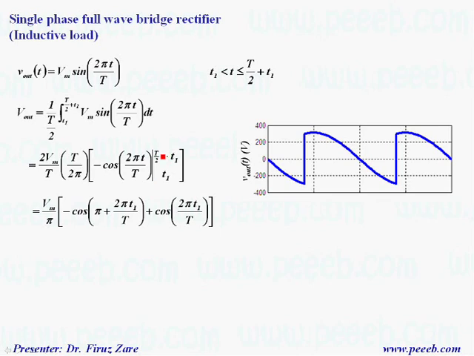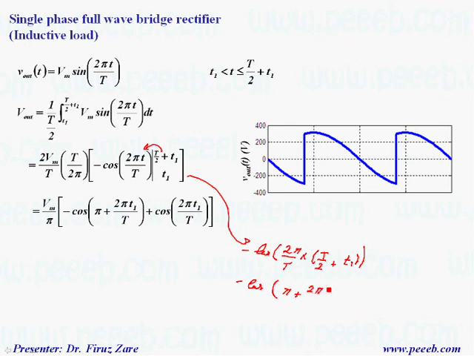So then we can put the limits of the integral in this equation. From the upper limit, we can simplify, because minus cosine of 2 pi over T times the upper limit, which is T over 2 plus t1, and if we multiply, we get minus cosine of pi plus 2 pi t1 over T. So that's why we have this term.